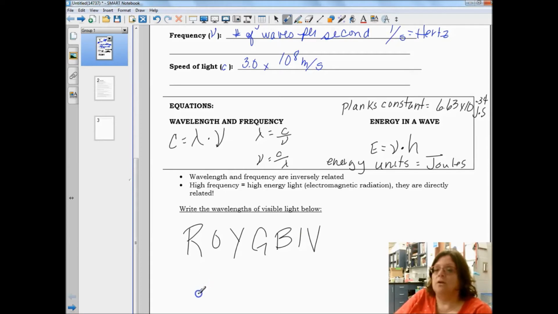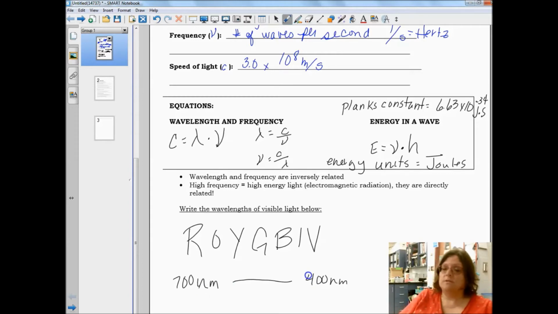Red, orange, yellow, green, blue, indigo, violet. They range from about 700 nanometers all the way down to about 400 nanometers in length. And remember that 1 nanometer is 1 billionth of a meter, right?